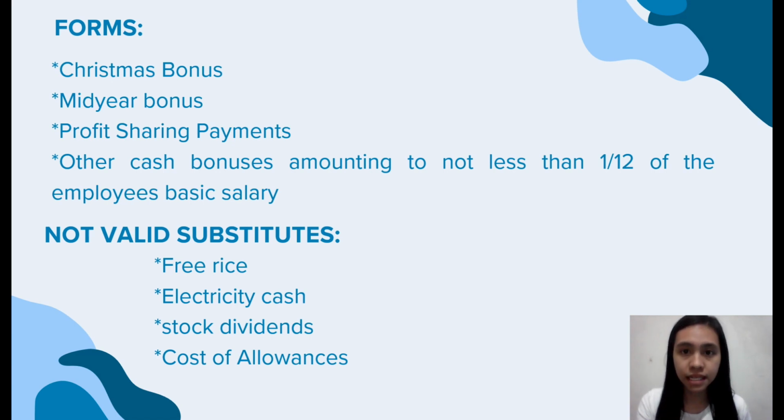Profit sharing payments, and all allowances and monetary benefits which are not considered or integrated as part of the regular or basic salary of the employees at the time of the promulgation of the decree on December 16, 1975 are also considered part of 13th month pay. So not valid substitutes are free rice, electricity cost, stock dividends, and cost of living allowances.